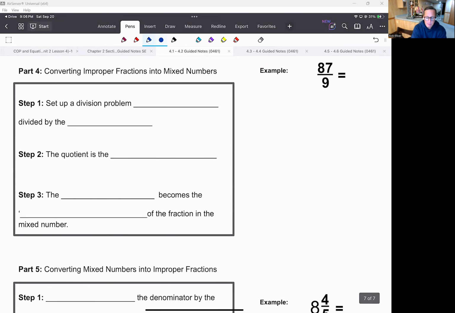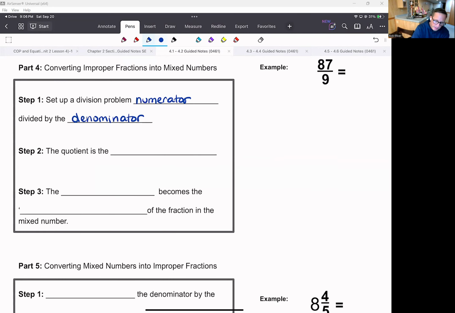Now converting improper fractions into mixed numbers. So set up a division problem, numerator, top number, divided by the denominator.